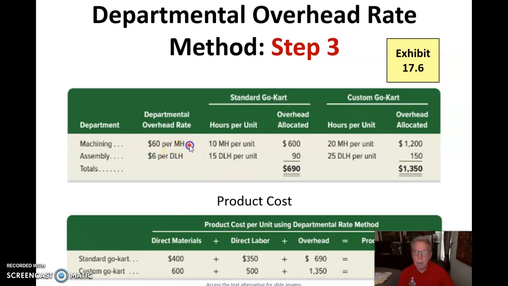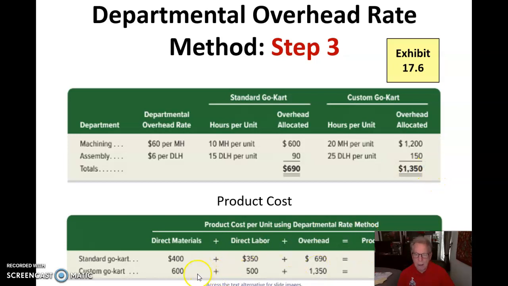Here's $60 per machine hour times the 10 machine hours per unit, and that gives me $600 of allocated overhead for the standard go-kart. And then same thing for assembly, but we use that $6 per direct labor hour. And that gives us our allocated overhead for both the standard go-kart and the custom go-kart here.